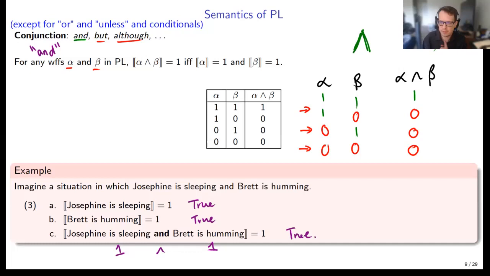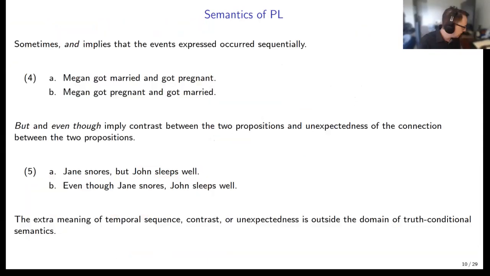Now, some of you may be thinking, hold on a second. And, but, although mean slightly different things. So why is but included as a conjunction and although included as a conjunction? Because don't they mean different things? And the answer to that is yes. However, this is slightly outside the domain of semantics.